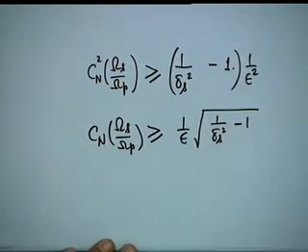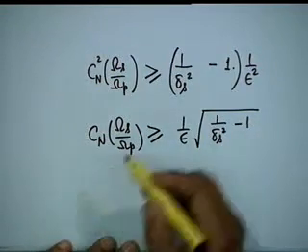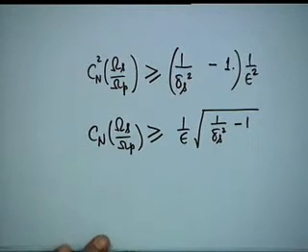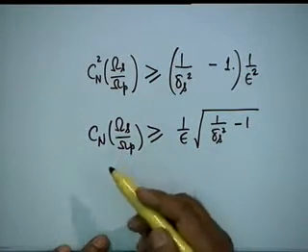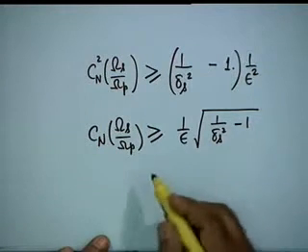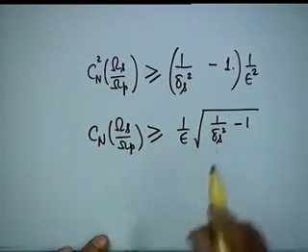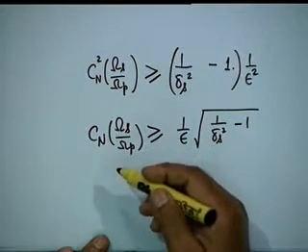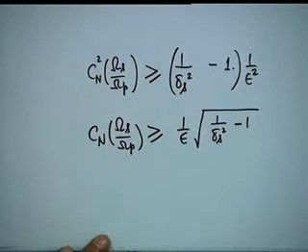The right hand side is known. The transition ratio omega s by omega p is also known. Therefore, one can do it by trial and error. That is, estimate a value of capital N and then find out the relationship between the left hand side and the right hand side, and increment n till the inequality is satisfied.